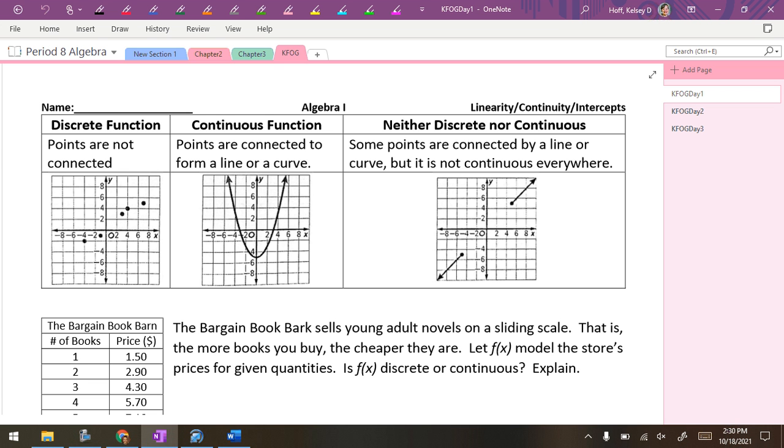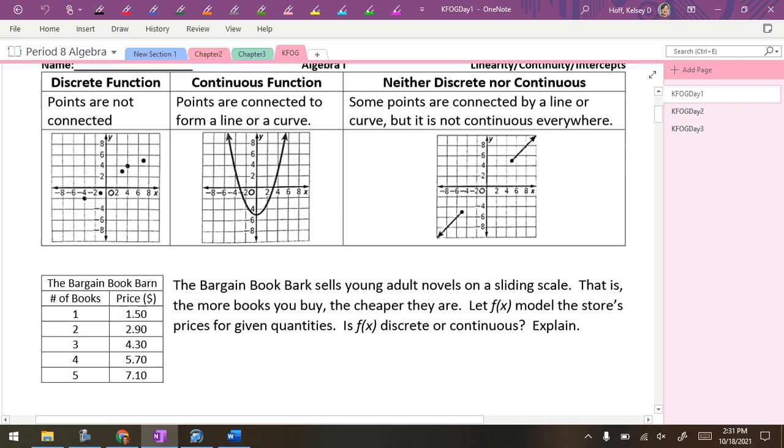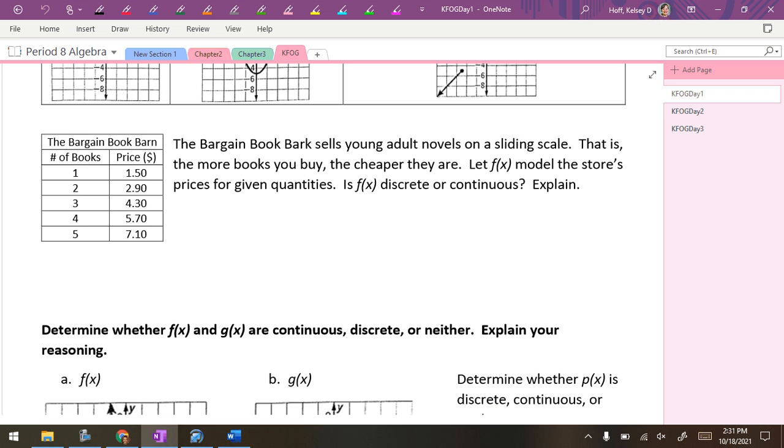Some of those problems that we had yesterday or last week about function or not a function, if they were 2 staggered lines, if you can't smooth drive a Matchbox car on it, then it's probably going to fall into neither discrete nor continuous.